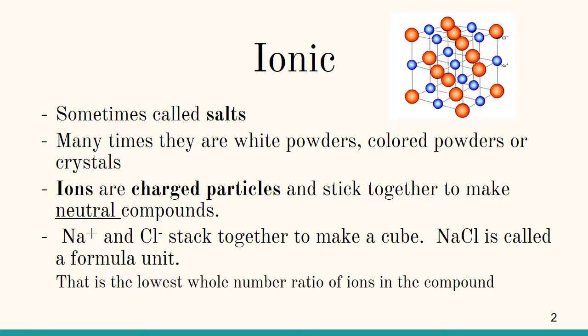So in this example up here, you can see that we have a chloride ion, we have a sodium ion, and they sit next to each other so that all the negatives are attracting positives and vice versa, and we end up with this large cube that repeats.